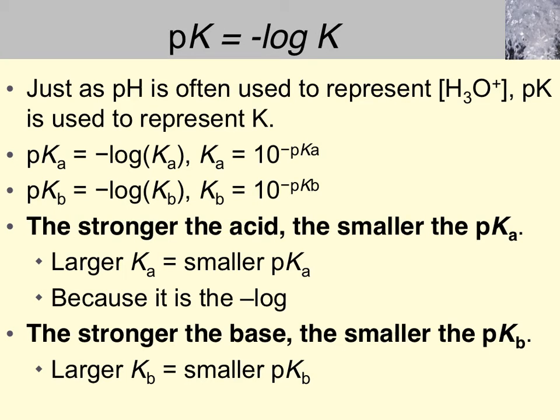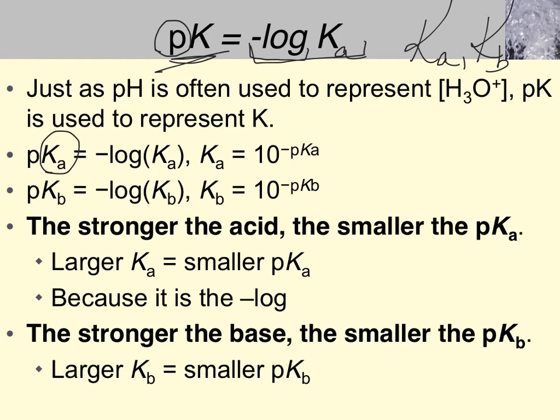Calculations for K, the equilibrium constant, Ka and Kb, are similar to the calculations we've done for pH and pOH. So I told you in the last lecture that this little p simply means minus log of something. So pK is minus log of the Ka or Kb value. And so if you're given a Ka and asked to calculate pKa, you simply take the negative log of it, just like you did with pH.